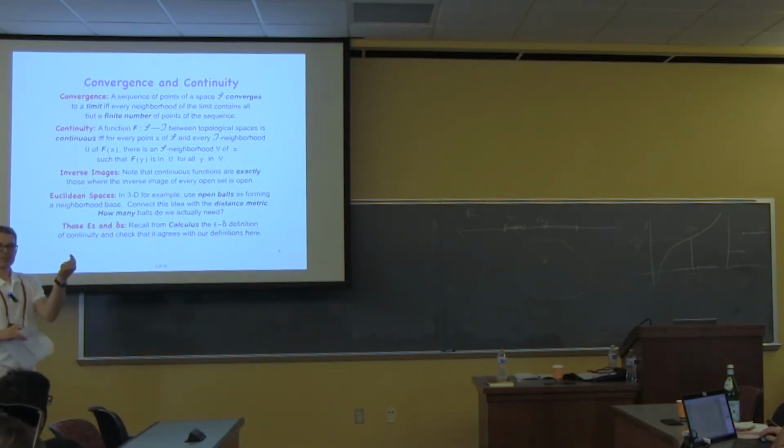The epsilon delta, those were little intervals, right? And so the interval corresponds to a neighborhood. So now we can read this definition, which is now in terms of neighborhoods.